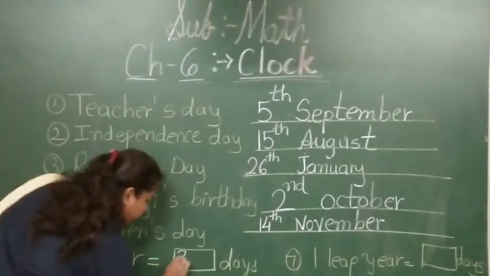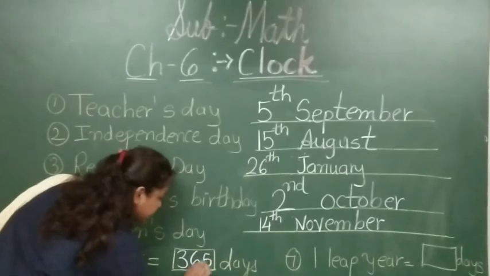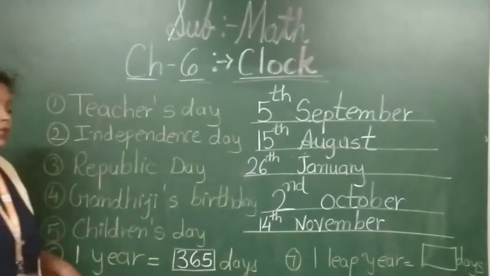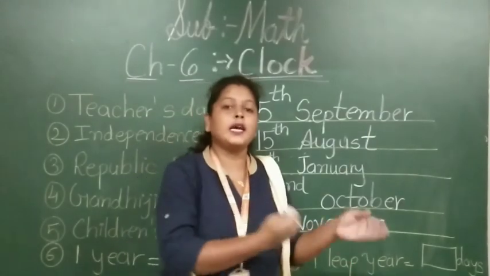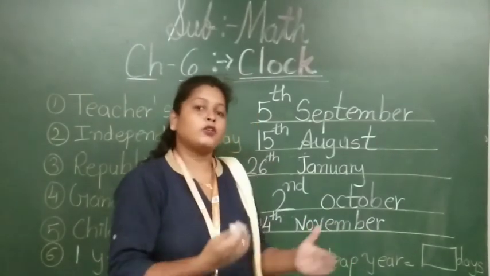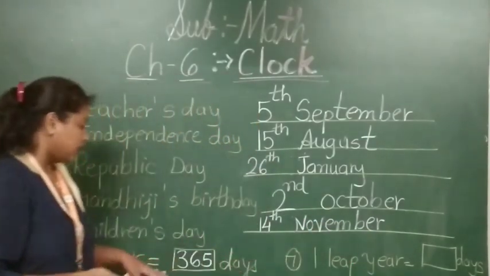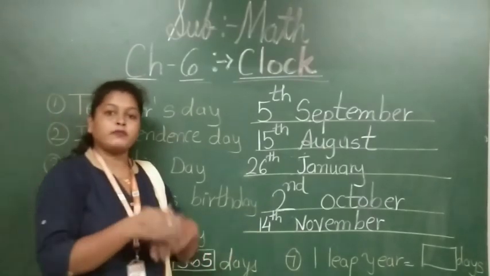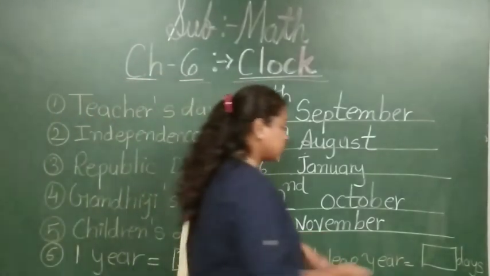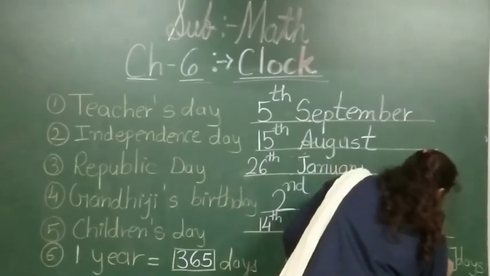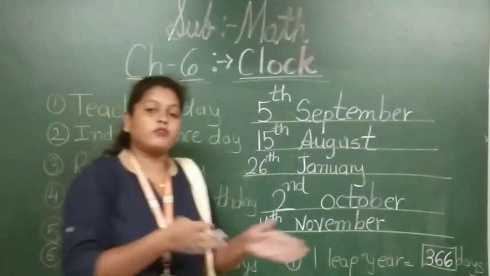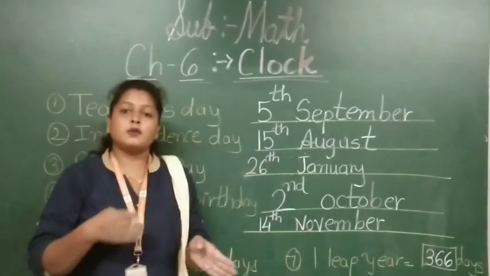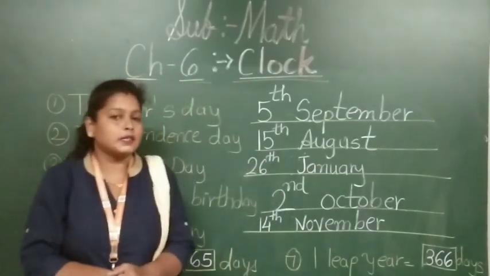So there are 365 days in a year. But in a leap year, as I said, in February month, 29 days are there. So according to that, 1 day increases. So you have 365 days in a year, but whenever the leap year is going on, there are 366 days. So we can ask in the missing letters the month of the year, and we can ask the days of the week in the missing letters.